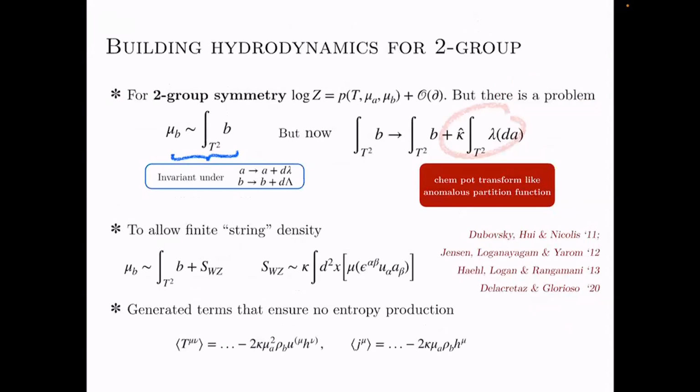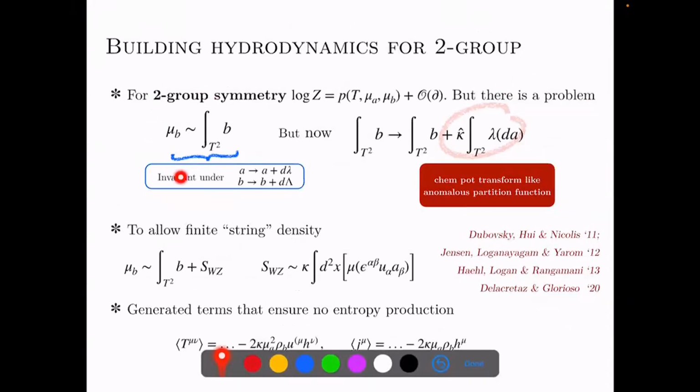Okay, so now we have all the background material at play. Let's see how to apply this to the two-group. Previously, we have the chemical potential, which is the Wilson sheet where you integrate the two-form gauge field over some torus or some two-dimensional object. But there is a problem. It used to be that this object is perfectly invariant under the usual ordinary one-form transformation.